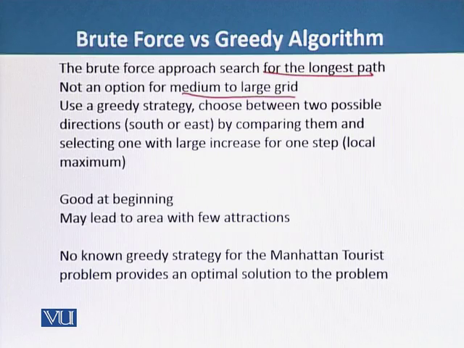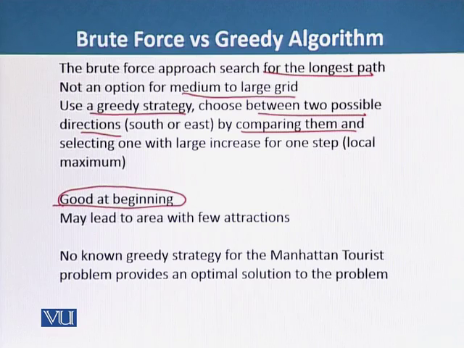In contrast, with the greedy strategy, we choose between the two possible directions by comparing them and selecting the one with the larger increase for one step. You will see this practically in the next slide. The greedy algorithm could be very good at the beginning, but it may lead to a very few attractions area. So no greedy algorithm could be the best possible optimum solution of this Manhattan tourist problem.